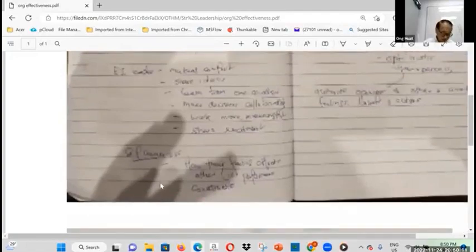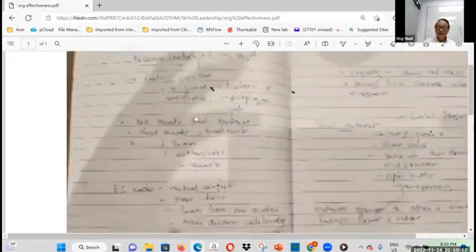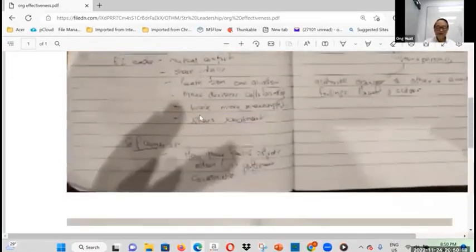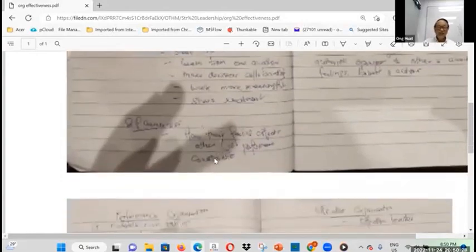Next one, effective organization must have effective so-called leadership. And I mentioned last week, on Monday, that self-awareness is very, very important.